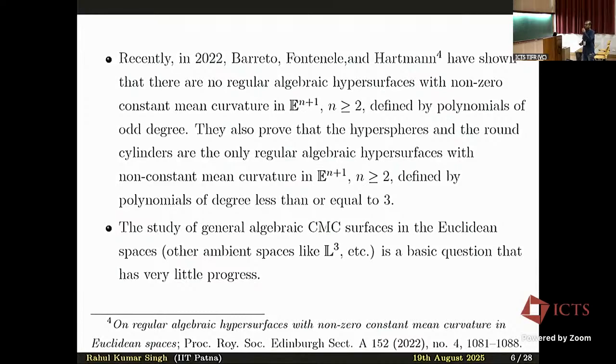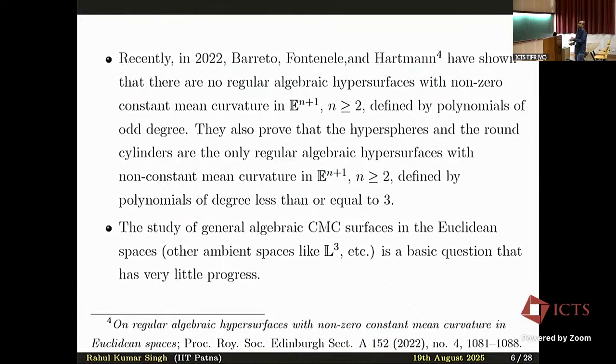Okay. So this partially answers the questions posed by do Carmo and Barbosa. But if you think about the study of general algebraic CMC surfaces, they may not be regular.